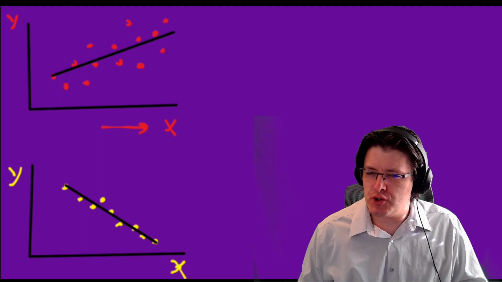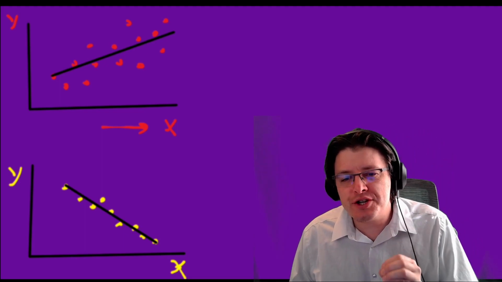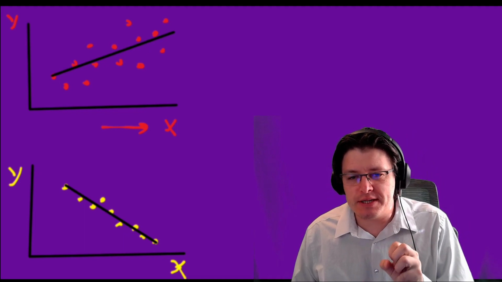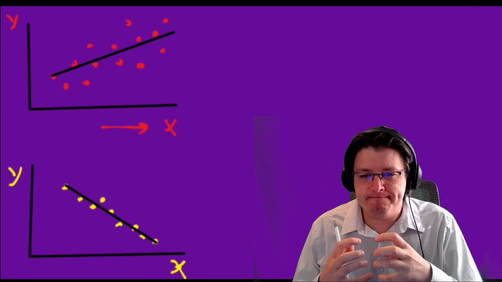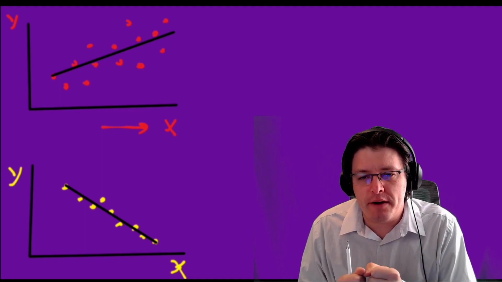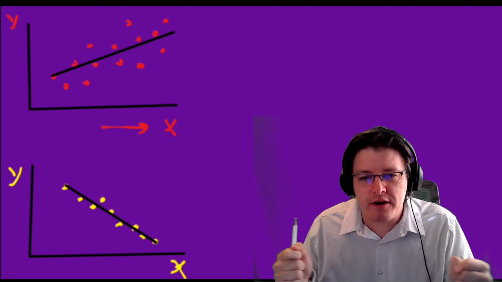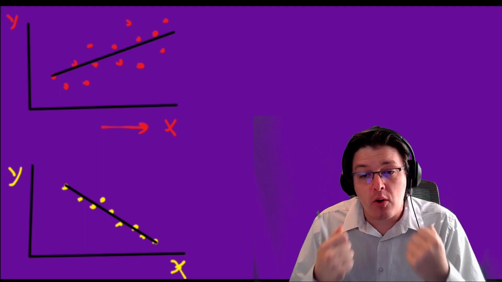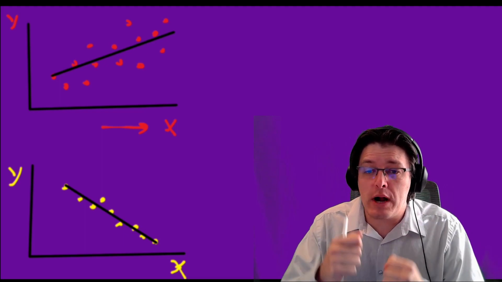I don't know if this will be confusing, but I'm going to say it. Correlation between two variables is on the same level of importance as standard deviation is to one variable, right? Standard deviation talks about how much one variable moves around, and correlation talks about how much two variables move together or opposite.